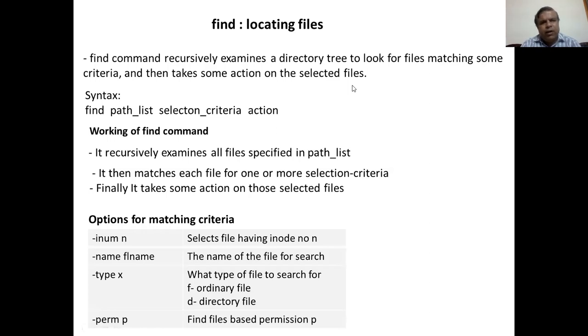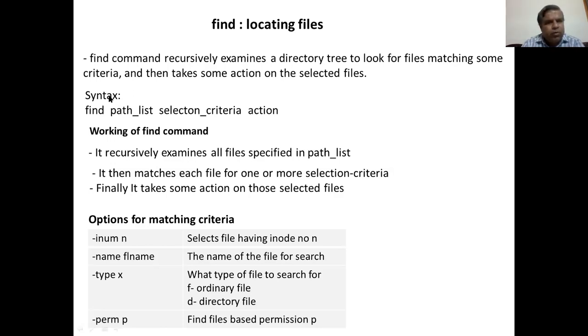Simply, the find command is used to locate files in the Unix system, okay, based on some matching criteria, and it will take some necessary action on the selected files.